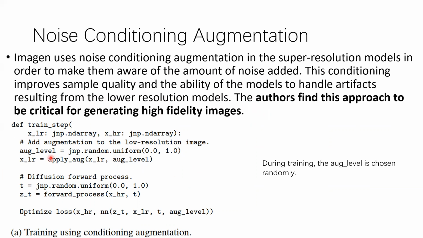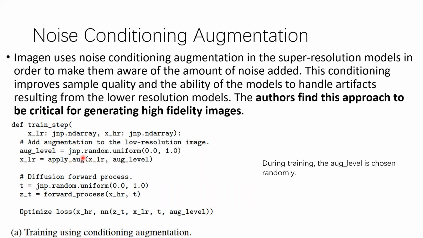So the idea is, when you do the training, you have these low resolution images and these high resolution images. What you do is randomly sample an aug level, which is the level of noise you want to add to the lower resolution images.